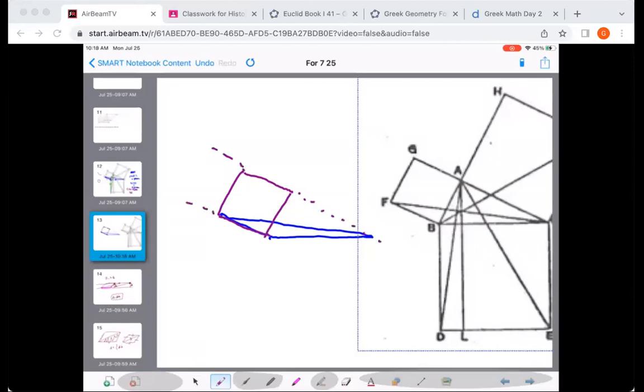That's right. By 141, the square is double the area of triangle FBC.